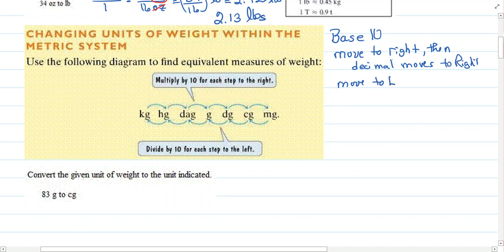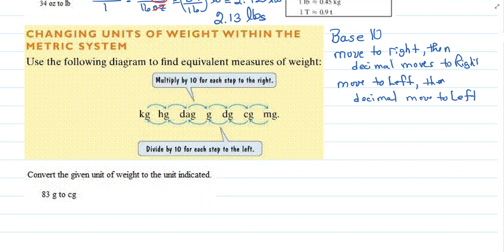To the left, then the decimal moves to the left. And there we have it. So in this case, we move to the right, we multiply, or actually move it over to the right. If it moves to the left on where we want to end up, then we divide, which means we move to the left that many places.